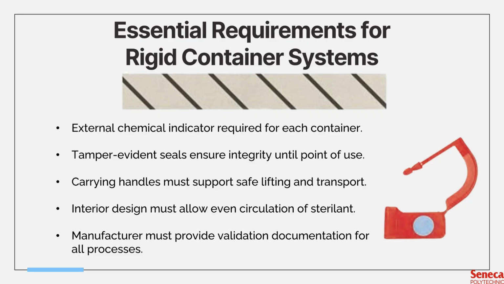So, essential requirements for rigid container systems. Every rigid container system must meet specific essential requirements, as mentioned, which are set by CSA Z314. First, each container must have an external indicator so that exposure to sterilization can be confirmed visually from the get-go.